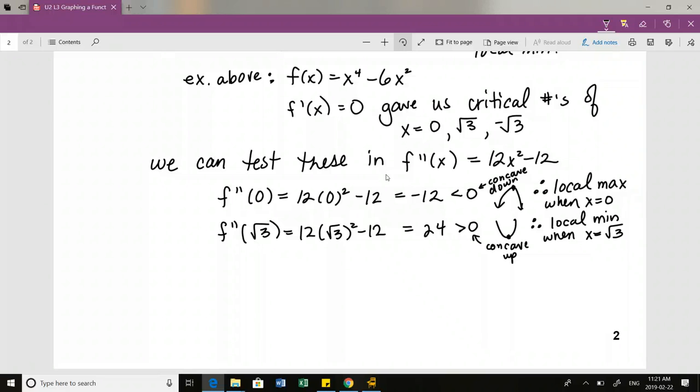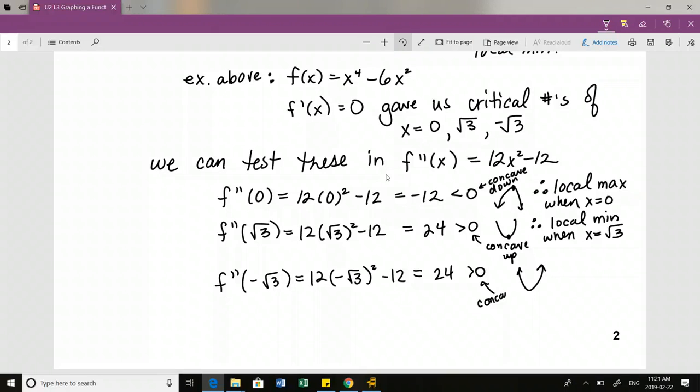And then lastly, we can sub in negative root 3. I think we'll get the same thing because we're squaring it, but we'll show it here. I get another 24, which is also greater than 0. That tells me that area of my graph is concave up, and I have another local min at that value.